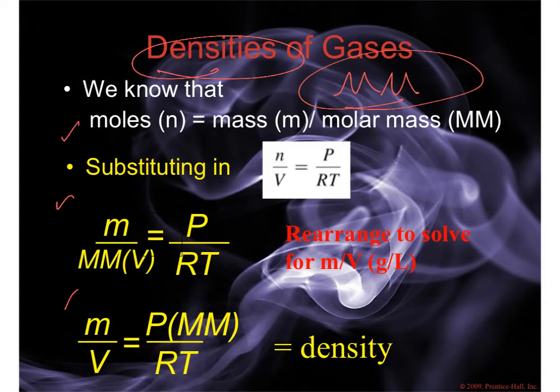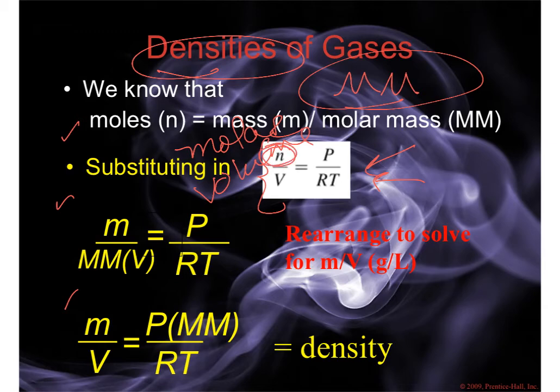If you're like me, you're like, hey, where'd you get that from? So we've rearranged the ideal gas law before, when I was proving where 22.4 liters per mole came from. So now looking at this rearranged form of the ideal gas law, can we substitute for moles?